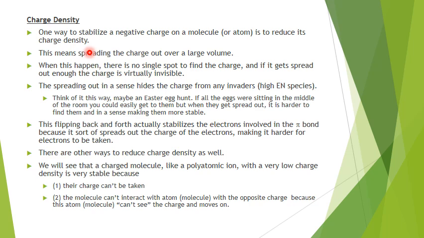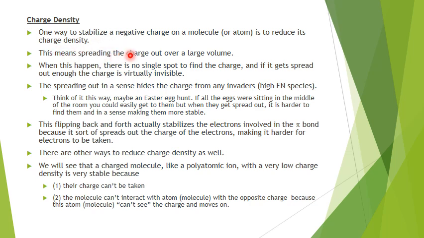What makes those 2 electrons very happy? And it's going to relate to charge density. So one way to stabilize the negative charge, and we're going to see the electrons in a pi bond, is to reduce the charge density or the electron charge density on a molecule or an atom.